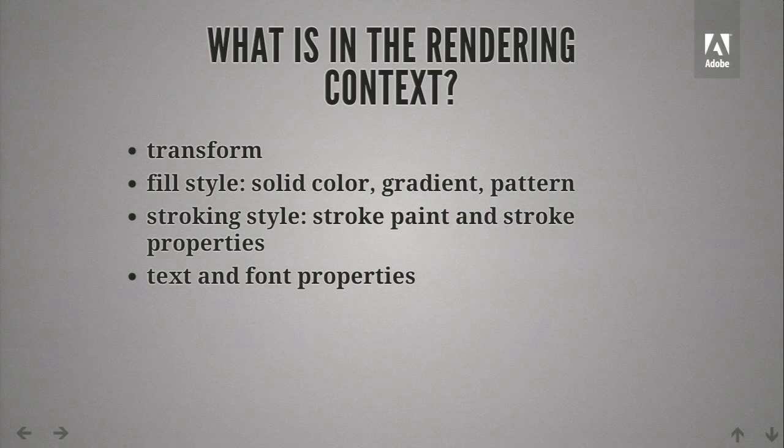So in the rendering context, among the things that affect the rendering of objects, you find a lot of things, such as the transform. The transform lets you take a rectangle and then render it multiple times, rotated, for example, or scaled up or skewed. So that's what transforms are for. You have things like the fill style, so you can render things with a solid color, but you also have gradients and pattern fills.